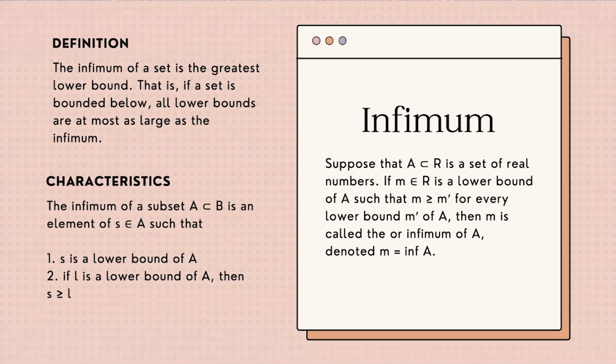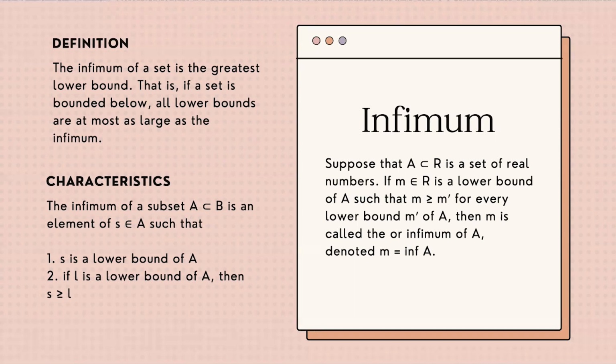Now, if M is in R and it is a lower bound of A such that M is greater than or equal to M prime for every lower bound M prime of A, so suppose your M prime is your lower bound, then your M is called the infimum of A, or is denoted as M equals inf of A. Infimum of A.